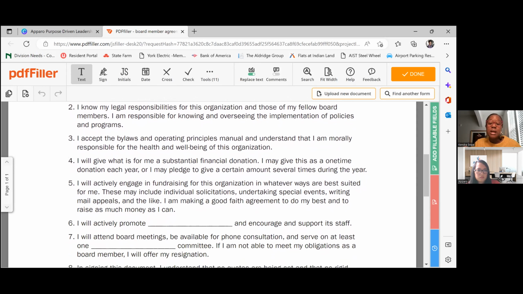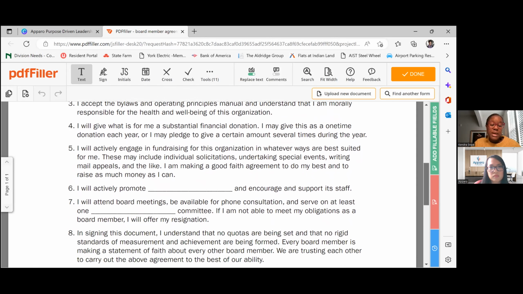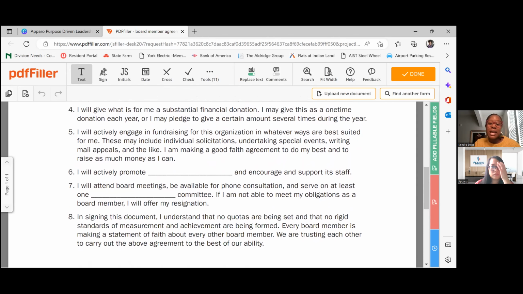And this also comes down to the financial donations. I don't know what everyone's giving expectations are, but this would be a good place to put that as well. And then, how actively engaged are you asking your board members to be? These are the documents where you should be very, very granular about what you're asking.